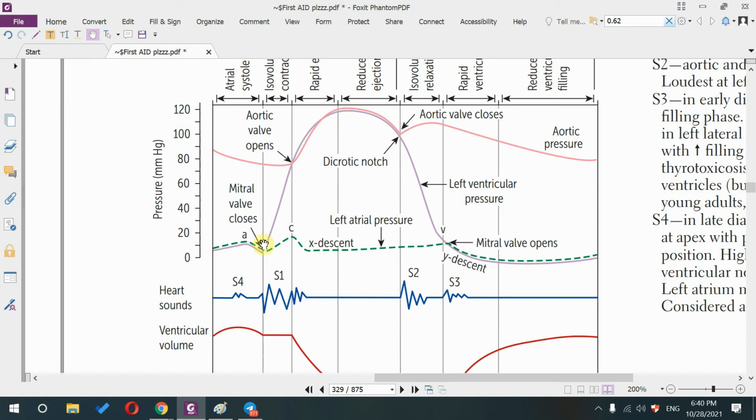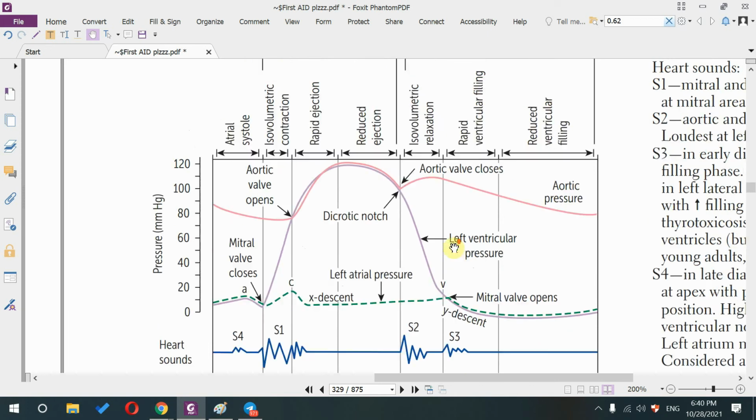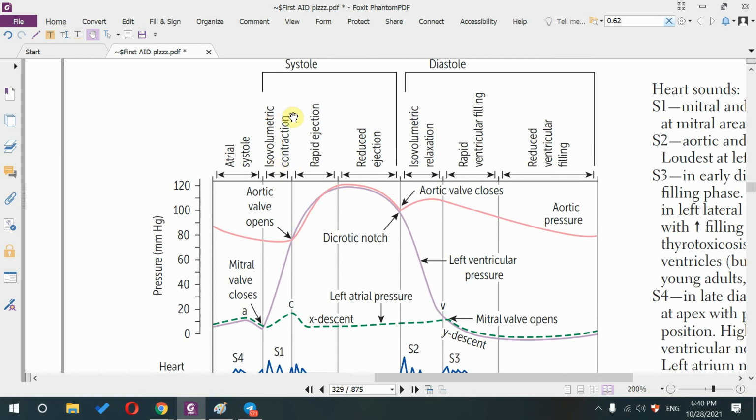That means during this lag between these two, all of the valves inside of your heart are closed. So we call that what? Isovolumetric contraction. Okay, so the aortic valve opens and it shoots out all of the blood, and then it reaches the peak, and then it goes back lower, which is the reduced ejection.